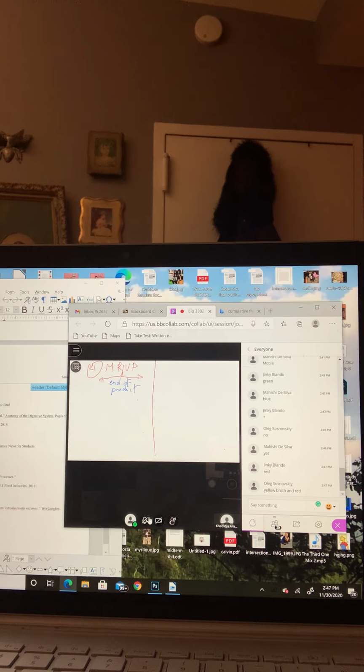So the end product is either acidic or neutral. If you have an acidic end product, your organism is a mixed acid fermenter.